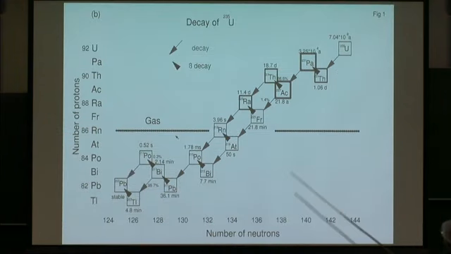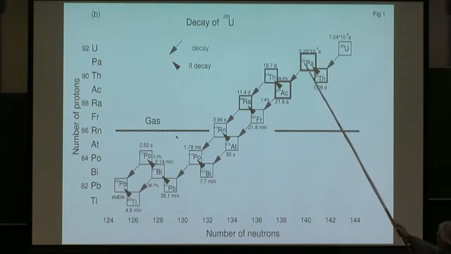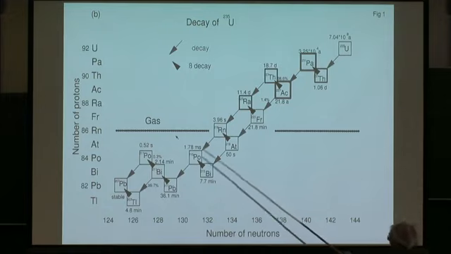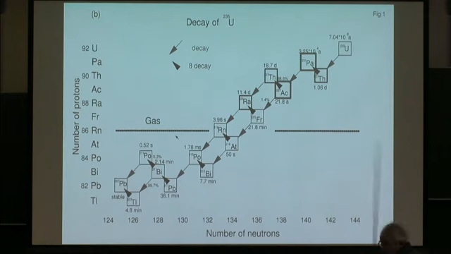The other one we can use is the decay series from uranium-235, and that goes through protactinium-231, which is this one here, which then decays to actinium-227. Now, in both of these, I've drawn a horizontal line across it.